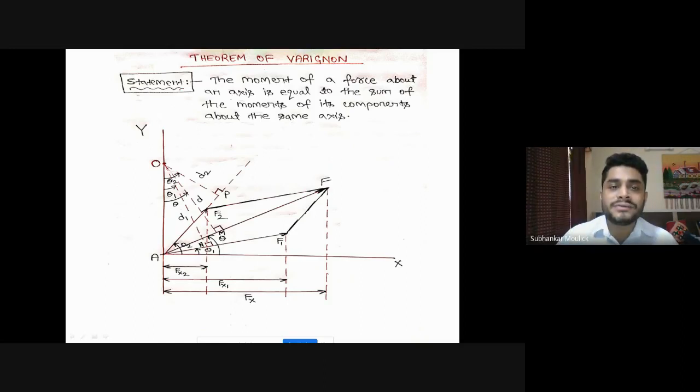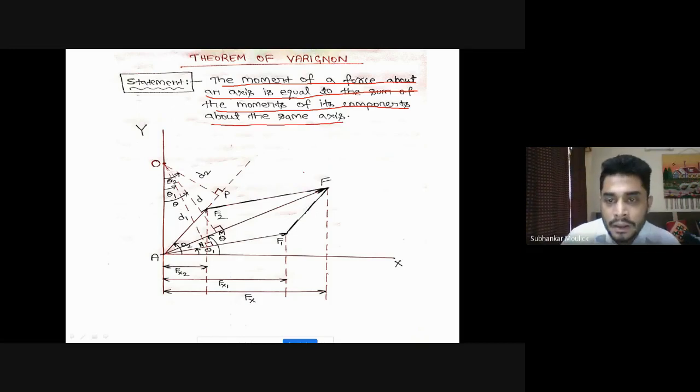Theorem of Varignon states that the moment of a force about an axis is equal to the sum of the moments of its components about the same axis. For example, assume a body, and for this body, this is your y axis, and this is your x axis.